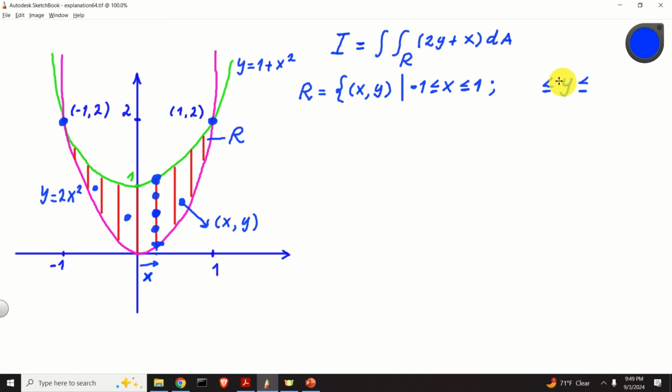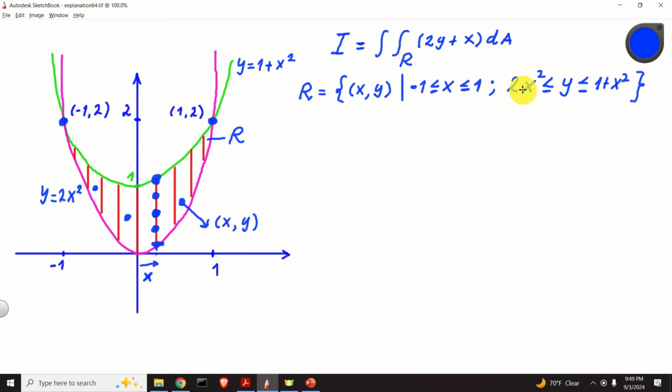Let me write the interval, so I will explain it once again. We can see that over here we obviously have 2x squared, since this is the lower parabola, and over here we will have 1 plus x squared, since this is the upper parabola given over here, and we close the set.